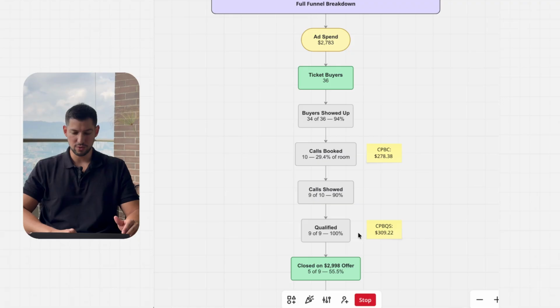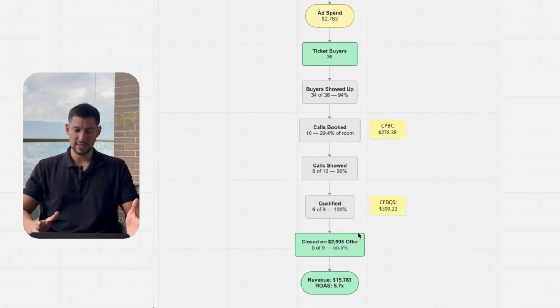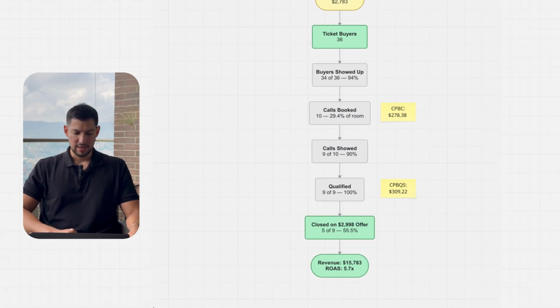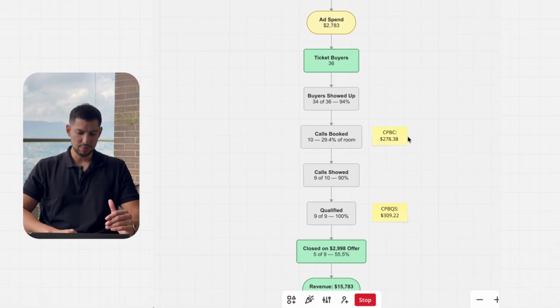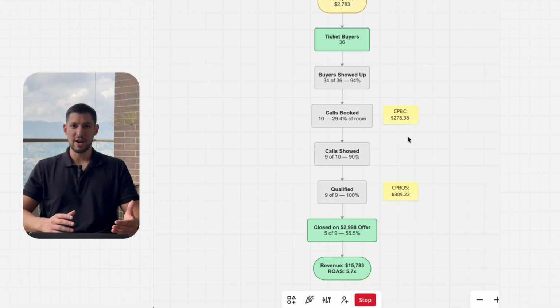So 100% of them were qualified and were invited to join the offer. And out of those 9, 5 took the offer. So a 55.5% close rate. All that basically means that revenue was $15,783 on $2,783 of ad spend, a return on ad spend, or ROAS, of 5.7x.